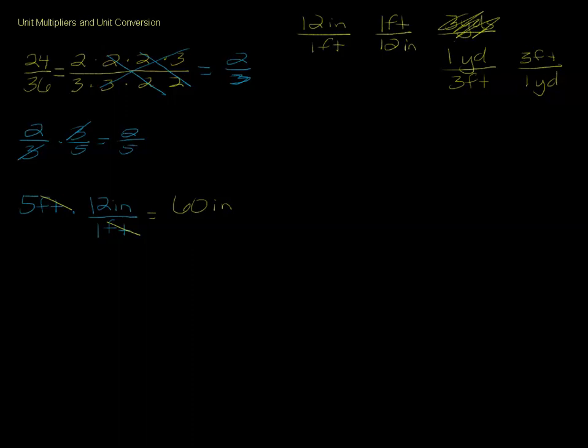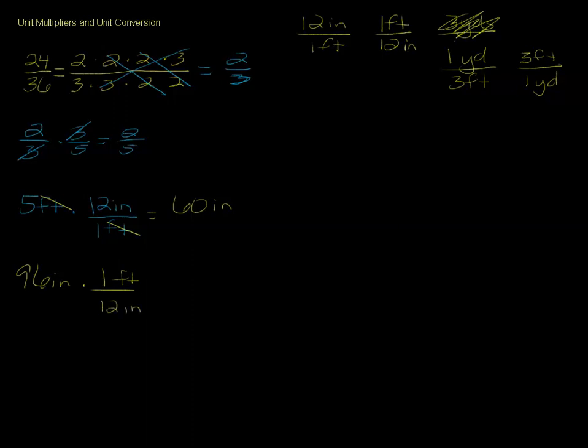And I'm going to give you some more. So let's say that we have 96 inches, and we want to go to feet. Now, what did I say? We want to go to feet, so feet goes on top. Now look, 1 foot is 12 inches.